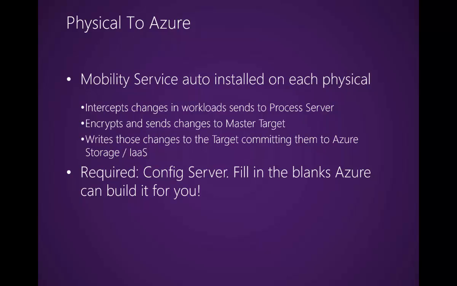So coming back from a physical to Azure, you failed over, and now there's a delta change between what you pushed up to Azure initially. You had a DR situation, you failed over. Let's say you were out for a week, right?